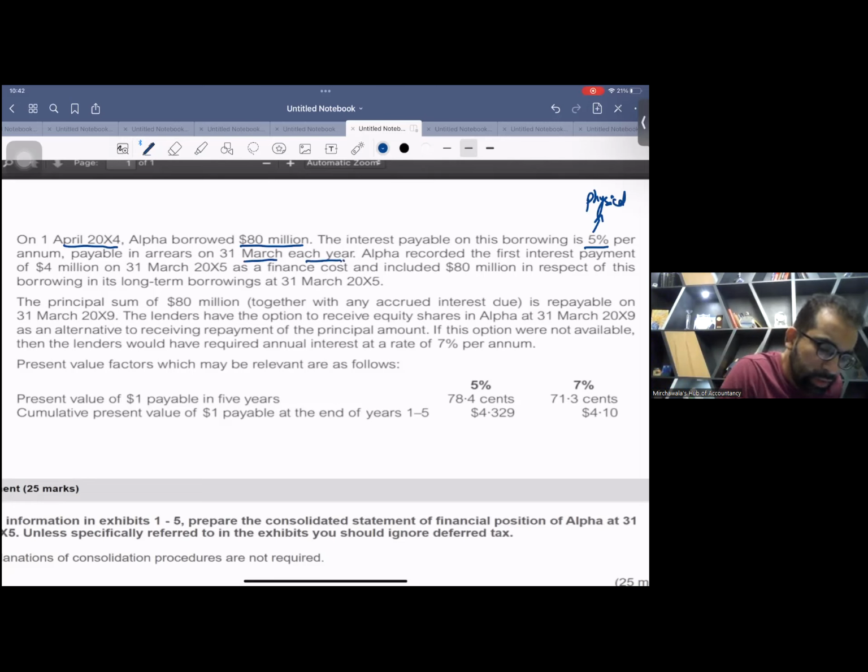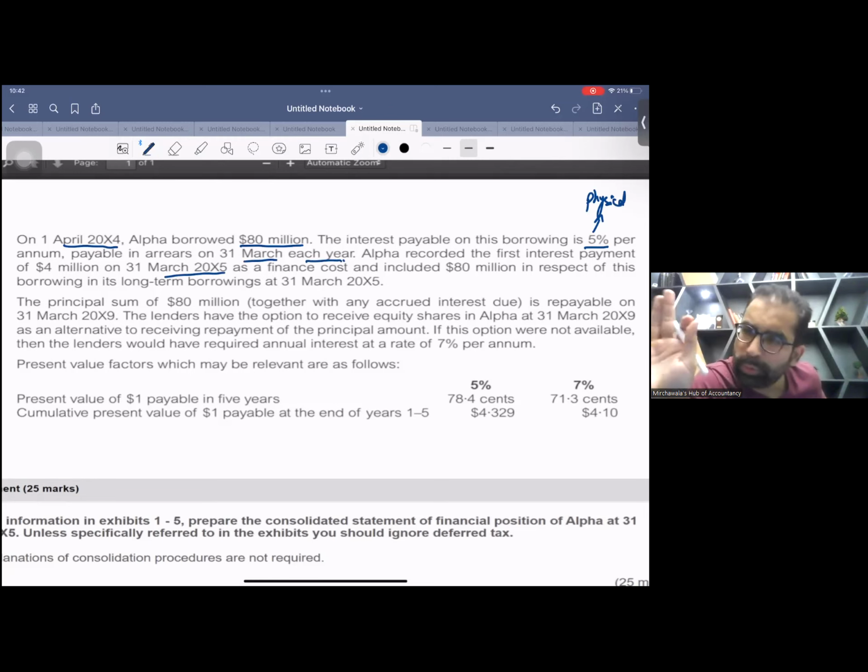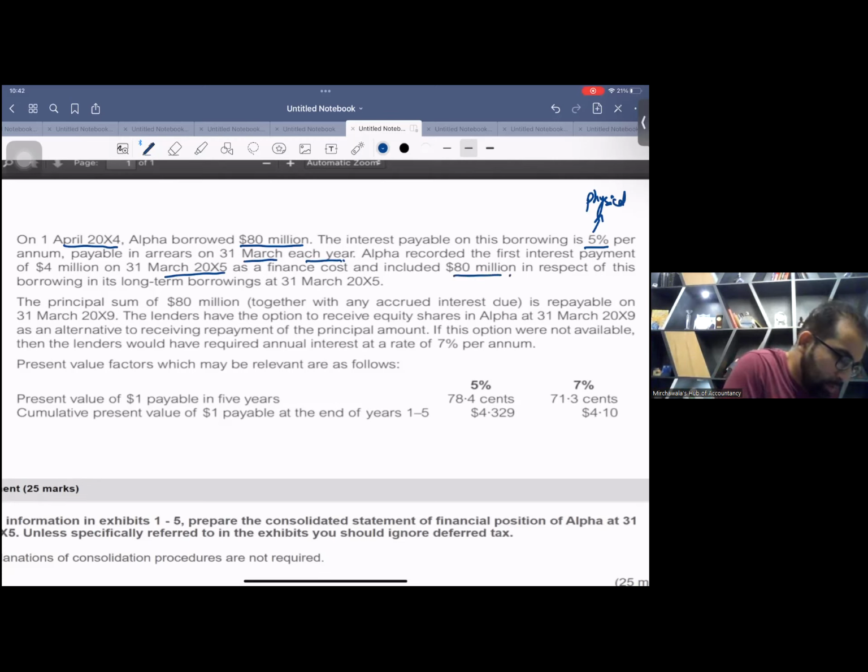Alpha recorded the first interest payment of 4 million on 31st March X5. They have paid the first physical interest, no issue. It is recorded as a finance cost, and they included 80 million in respect of this borrowing as a long-term borrowing.